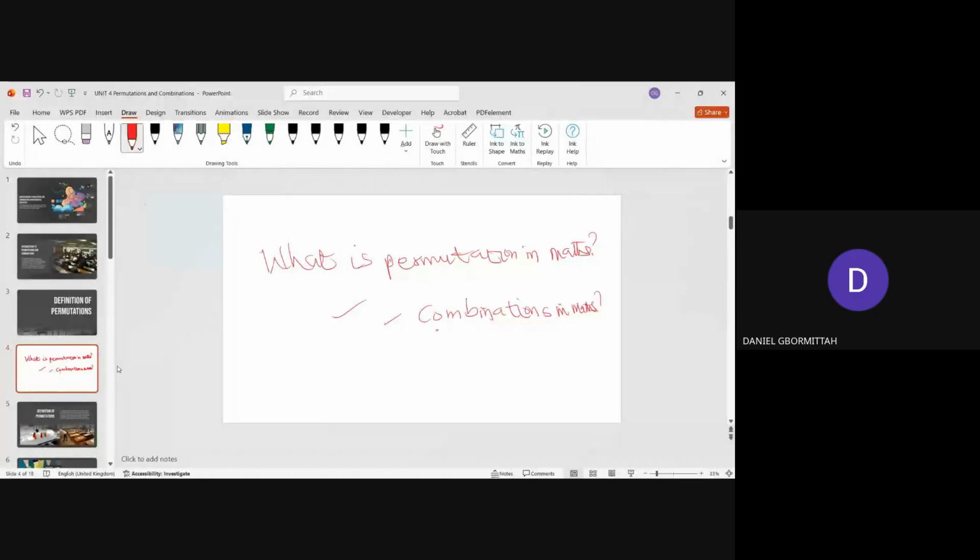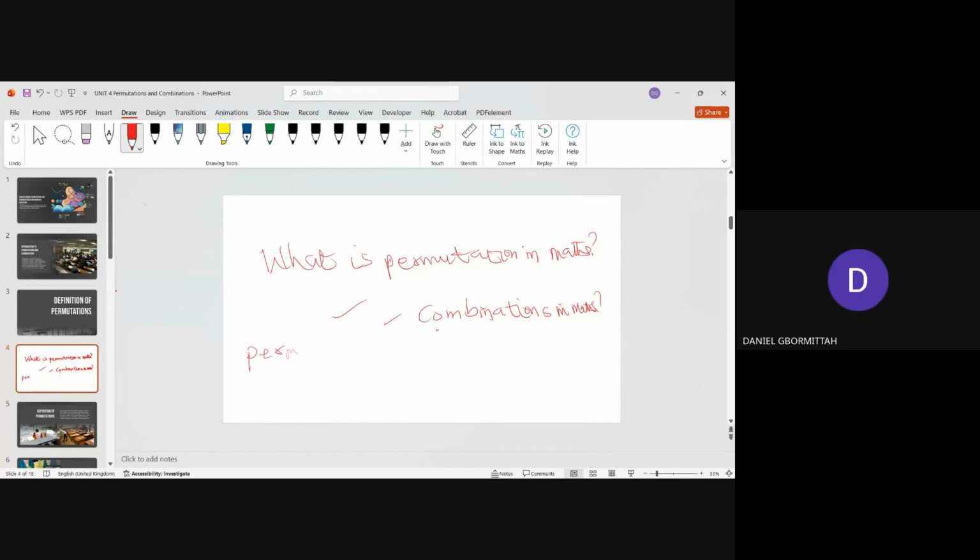Go on. A branch of mathematics that deals with counting and arranging objects. Good. It says that permutation is an arrangement of objects where order matters. So with permutation the order matters, but with combination, the order does not matter.